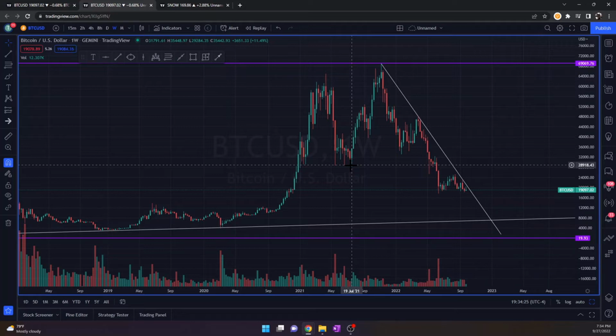Then it closed at $35,442. So if you can see here, this candlestick opened here, it went up to here, all the way down to here, but it closed here. The close is higher than the open, so therefore it's green.